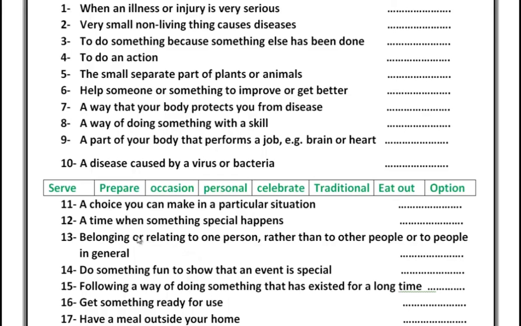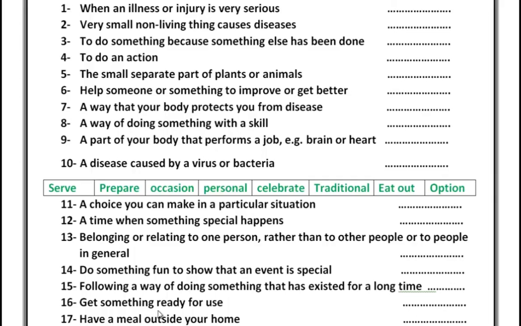Belonging or relating to one person rather than to other people or to people in general: personal. Do something fun to show that an event is special: celebrate. Following a way of doing something that has existed for a long time: traditional.